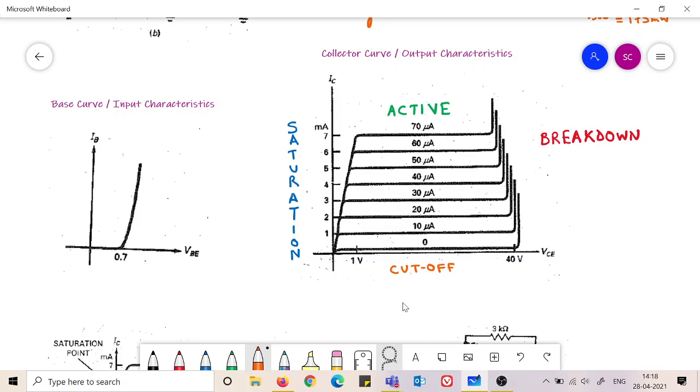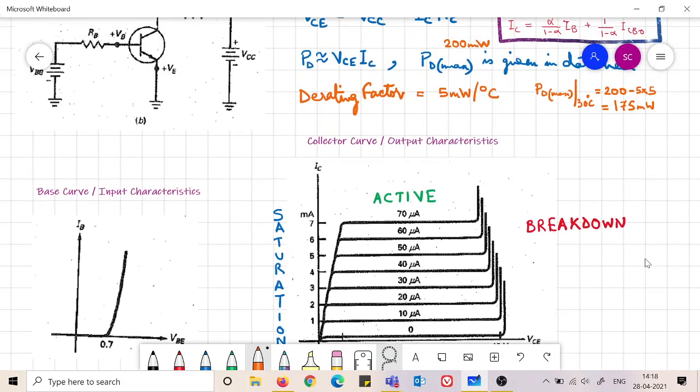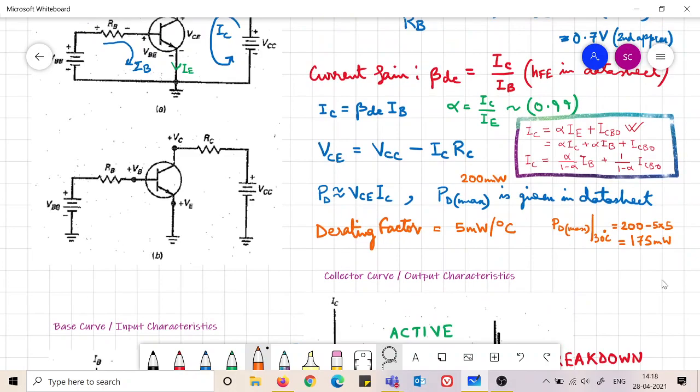There is another region, which is the cutoff region. So you see that when we have an IB of 0 amperes, then also there is some IC. IC is not 0. This we learned yesterday.